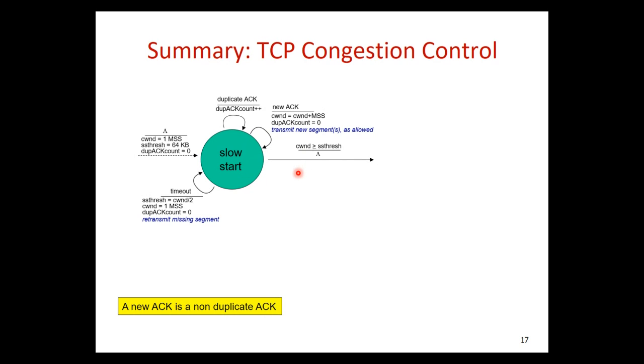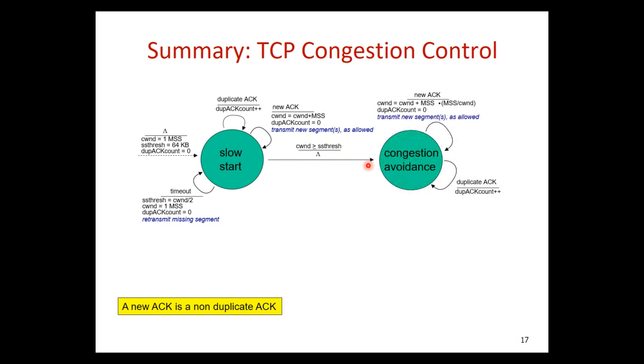Now, eventually, one thing that may happen is that it reaches the value of SS threshold, at which point it needs to transition to congestion avoidance, which is this state. In congestion avoidance, if there's a non-duplicate ACK, it's going to grow CWND, but more slowly.